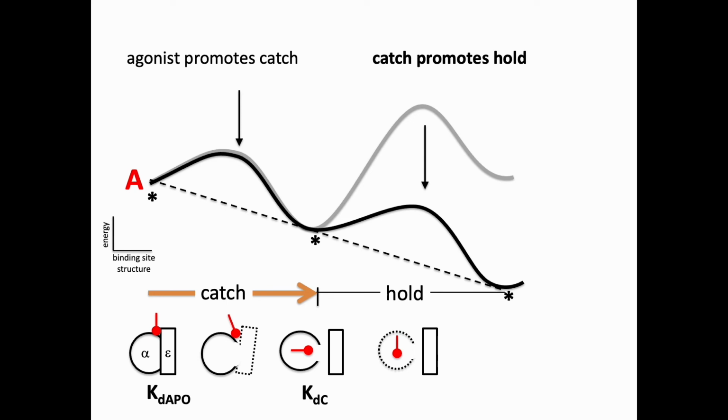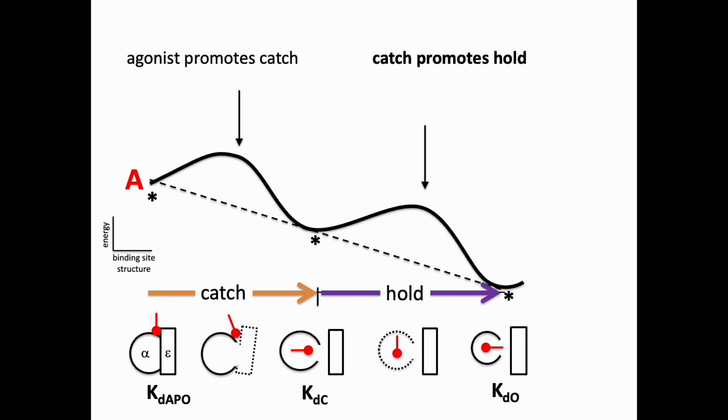Something happens, and that allows hold to happen with a higher probability to give you KDO. So agonist promotes catch and catch promotes hold, and that catch promoting hold is the crosstalk between binding and gating that is efficiency.